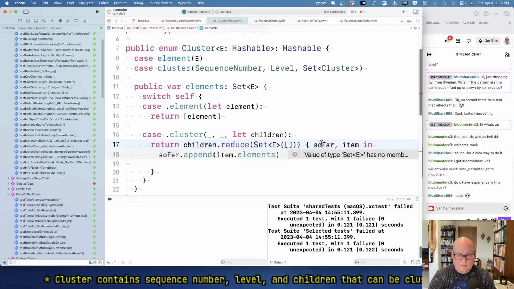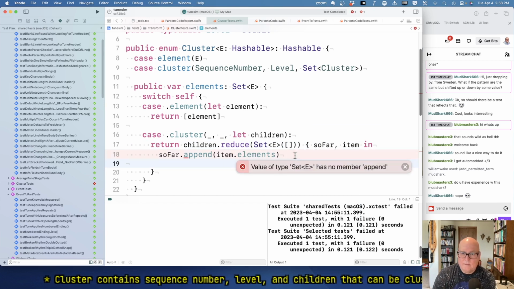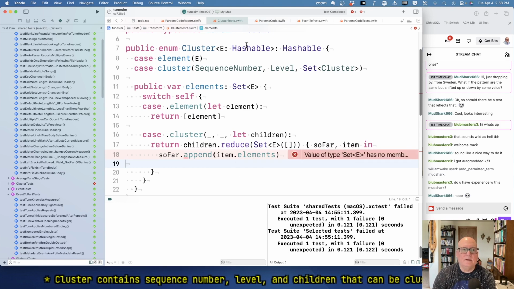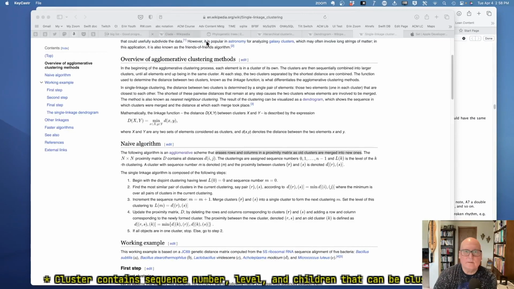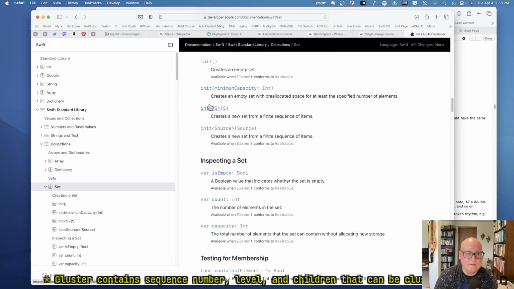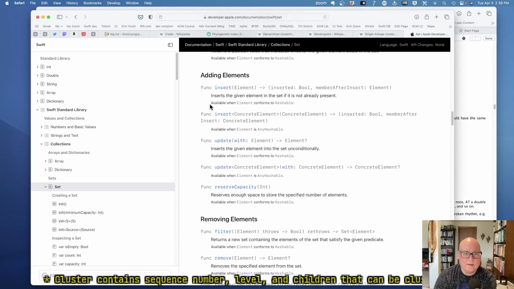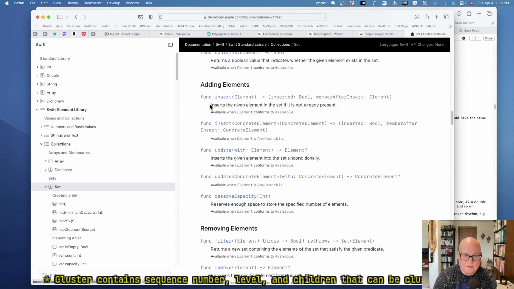Okay. Does that help? No. Value set of E has no member append. Okay. Do we have Swift set documentation here? Is it? Oh, insert element.